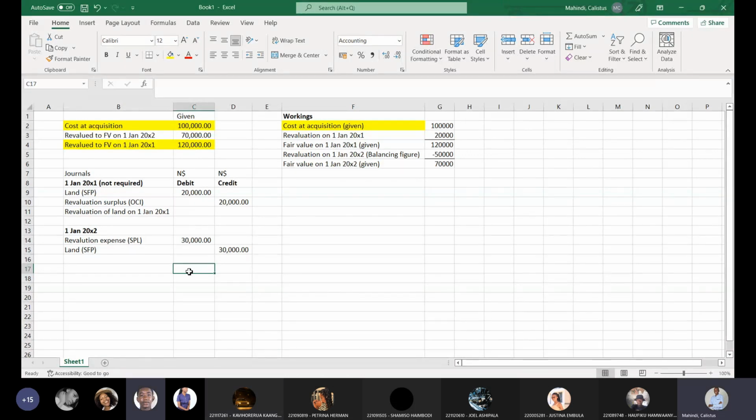Okay. Debit revaluation expense 50,000 and credit your land 50,000. Class, do you agree with this journal entry? Justina agrees.